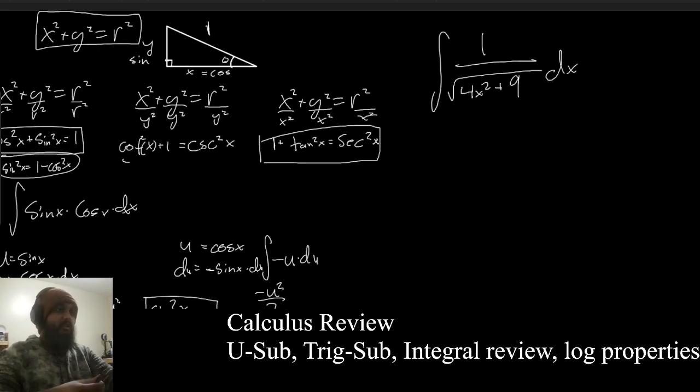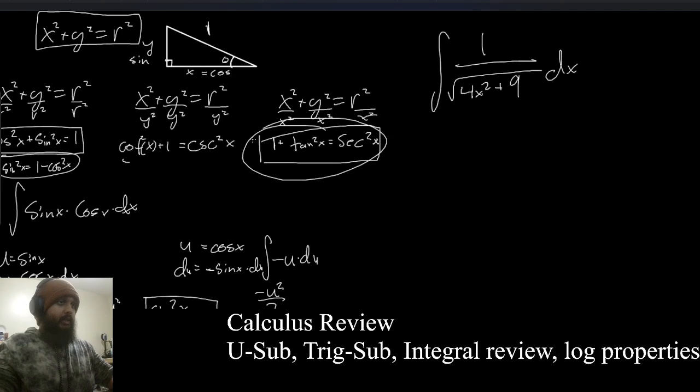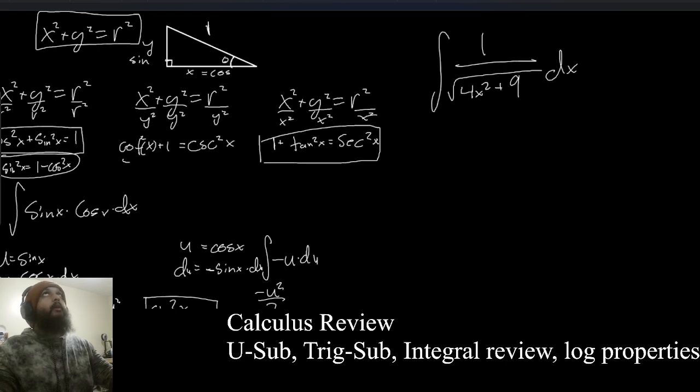Yeah, the derivative of tangent is secant squared. And notice there's a secant up here, so you're more inclined to use this. The two that I circled are the more important ones. You're going to use those more often.